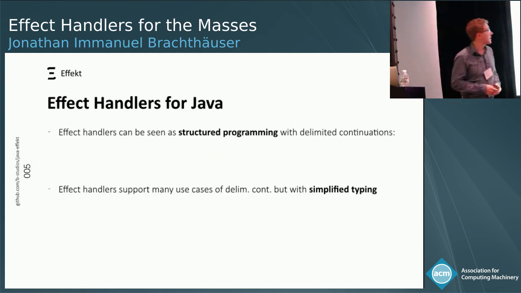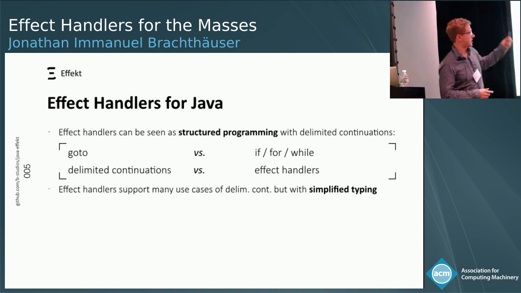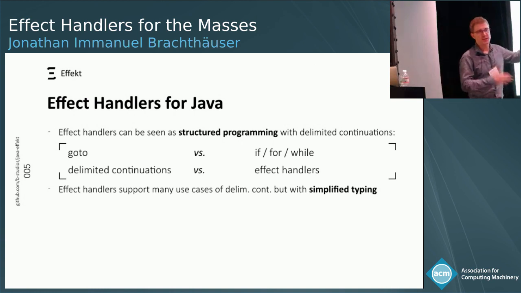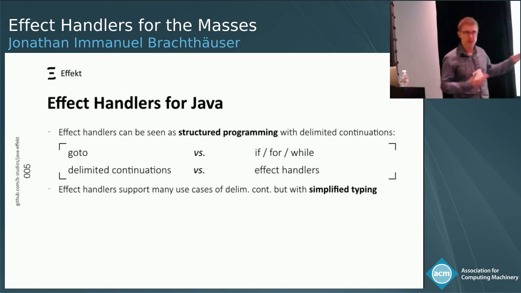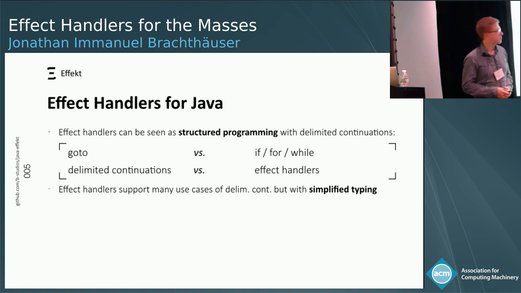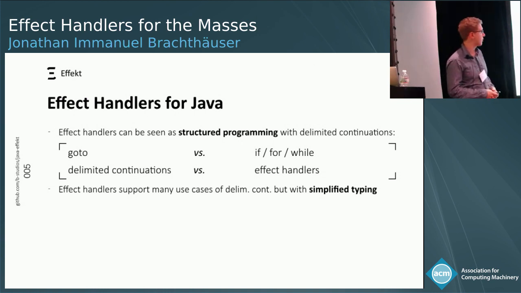Another way of talking about effect handlers is seeing them as a structured way of programming with delimited continuations. You're probably familiar with the fact that if, for, and while are structured ways to program with local jumps, goto. Effect handlers can, in the same way, be seen as a structured way to program with delimited continuations, like shift, reset and other constructs for control flow.